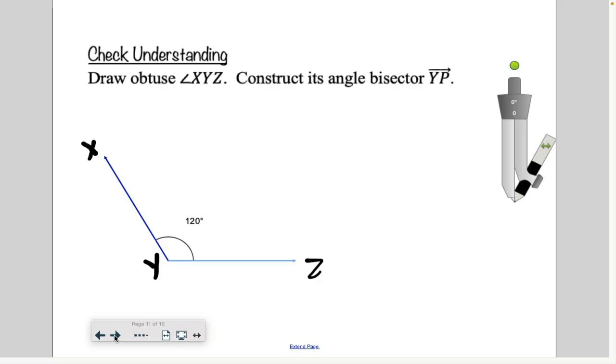Oh, that's not an obtuse angle. Oh, you work on this one. Okay. Yeah, it's got to be an obtuse angle to start.